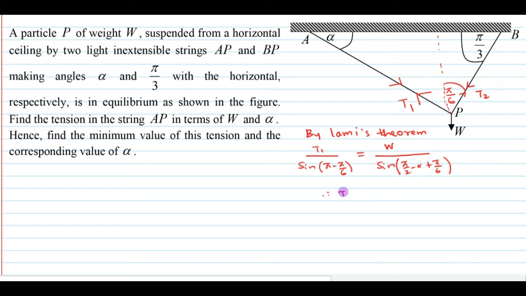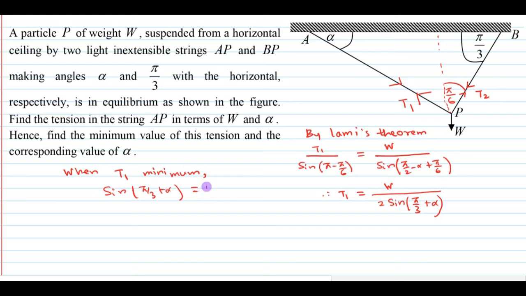Therefore, T1 is equal to W divided by 2 sine of π/3 plus alpha. Then we have to find the minimum value of this tension and the corresponding value of alpha. When T1 is minimum, sine of π/3 plus alpha is equal to 1, that is the maximum value of sine.